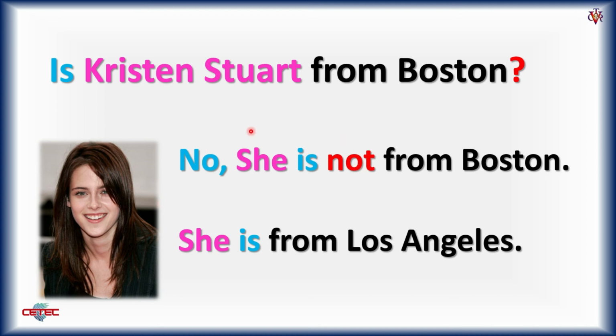Here we have a double negative, and the option is to reinforce that it's in a negative form. No, subject, verb to be, negative form, complement. She is from Los Angeles. She, subject; is, verb to be; complement, from Los Angeles.